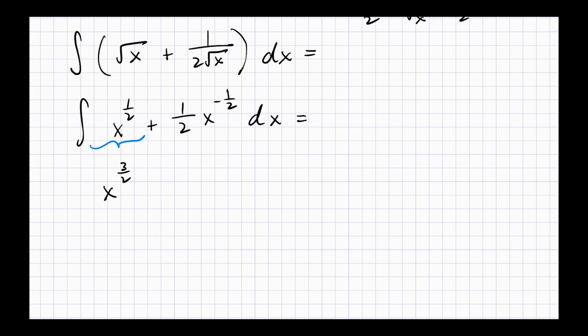Divide by 3 over 2. 1/2 is there. Add 1, I get 1/2. Divide by 1/2, which is the same as multiplying by 2.